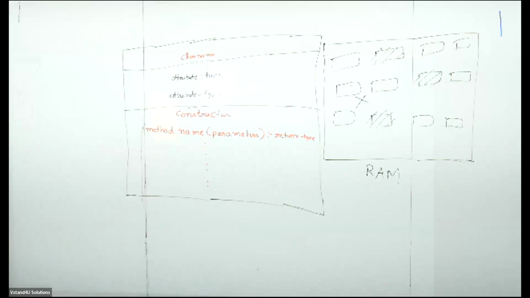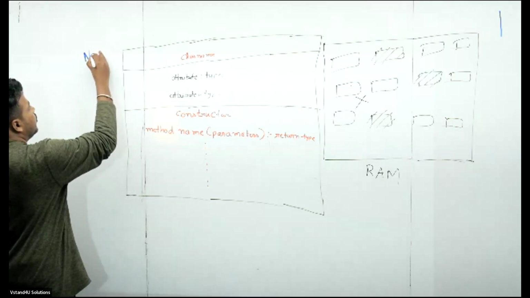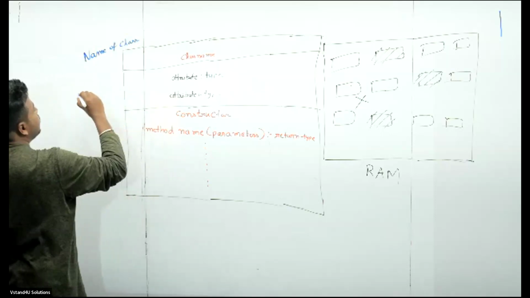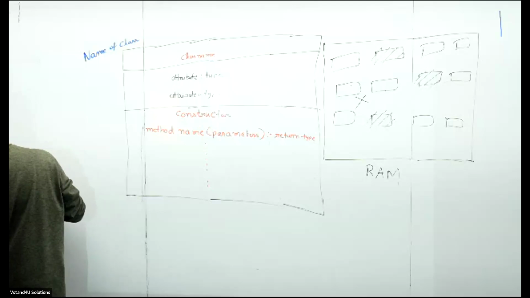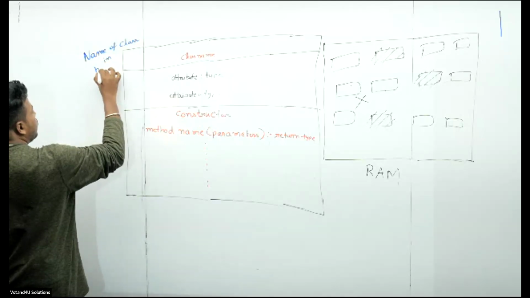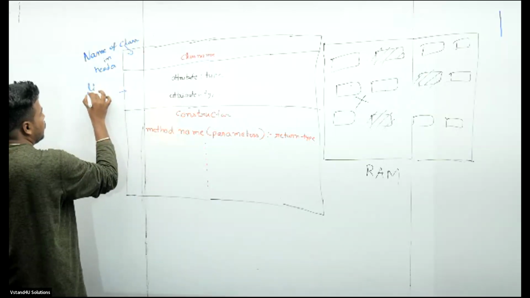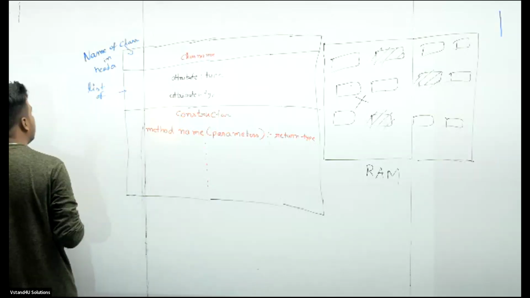Take the first point. A class diagram is a graphical or picture-oriented representation of programs.